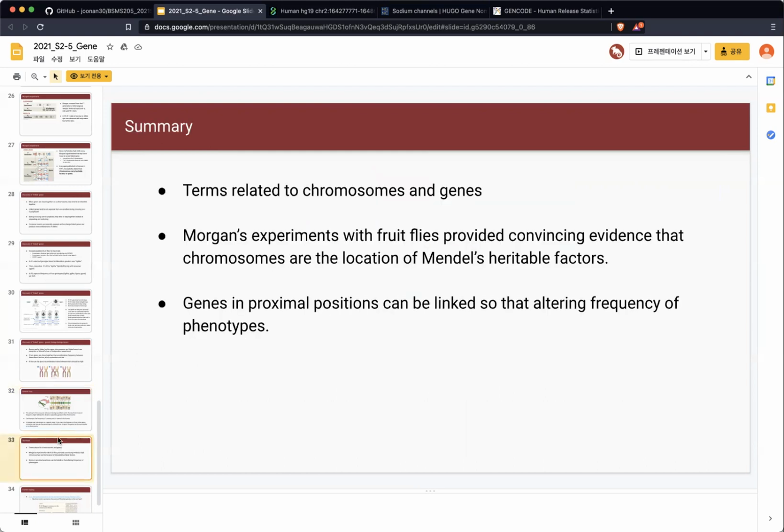Okay, so it's a quick recap of today's presentation. We learned about the different terminologies on chromosomes and genes, and also how Morgan's experiment is linked to the Mendelian factors, and we also discussed genetic linkage, the idea developed from Morgan's experiment, right?